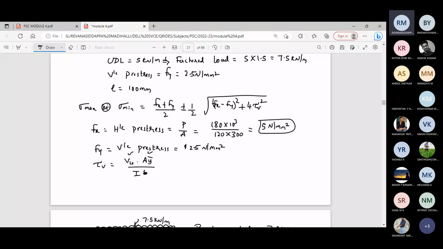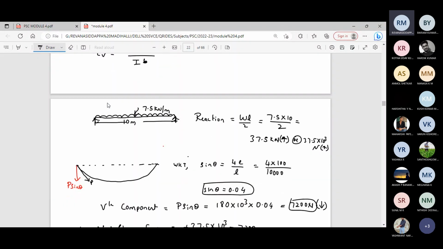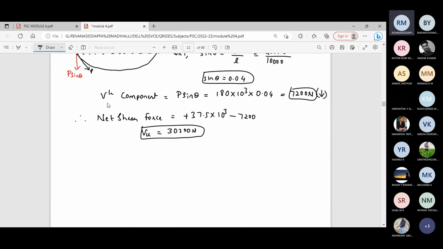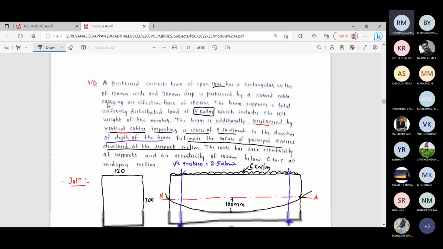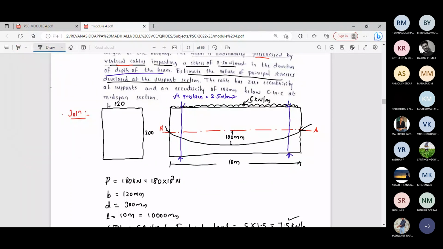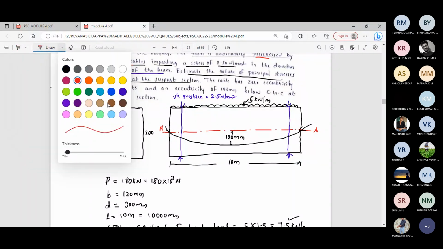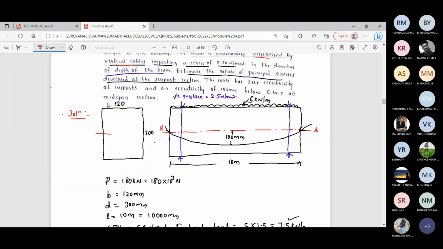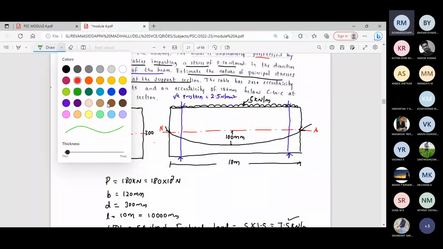Now we'll calculate the static moment of area, AY bar value. Here I'll just extend the neutral axis and shade the area above the neutral axis.